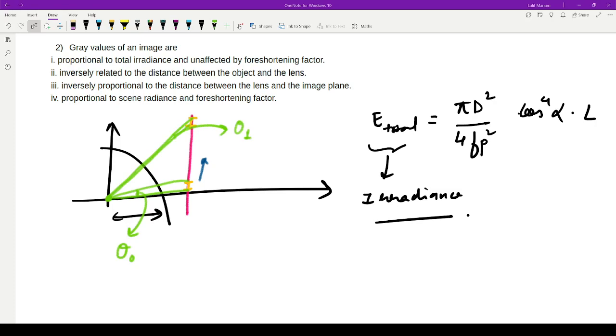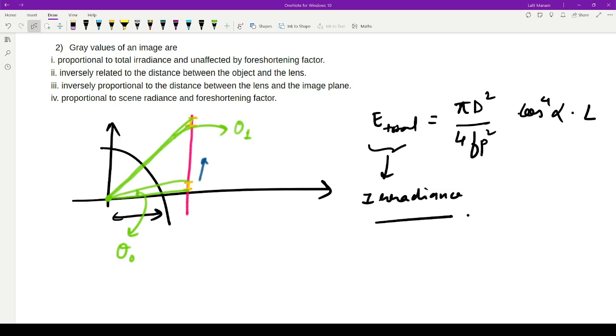Yes, but in this specific case, that's true. This is the part that denotes how bright the surface would look. If your surface is way too bright, then of course the image captured will also be bright. Yes, you're right.